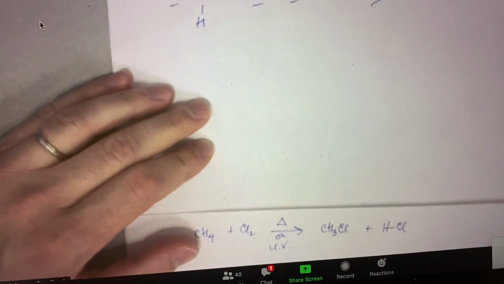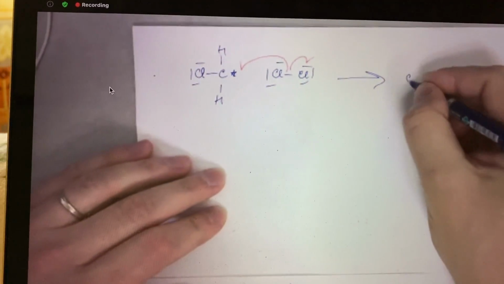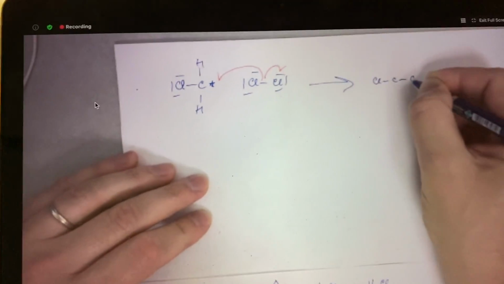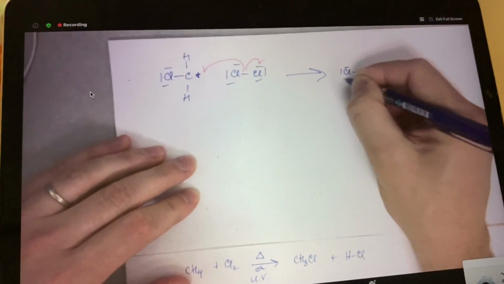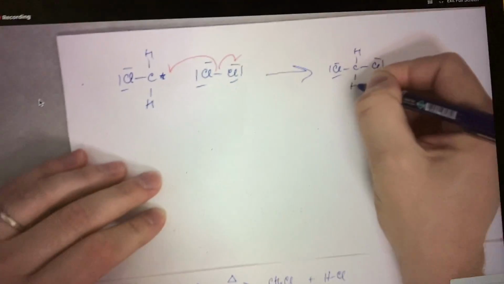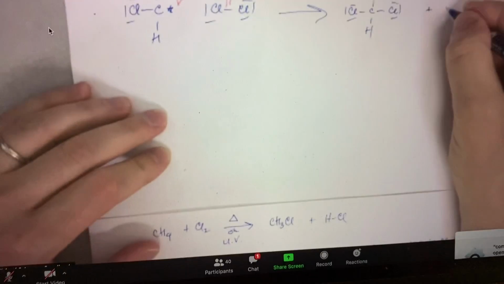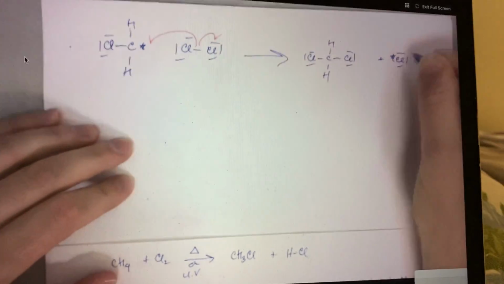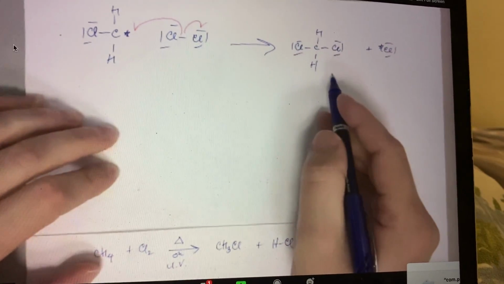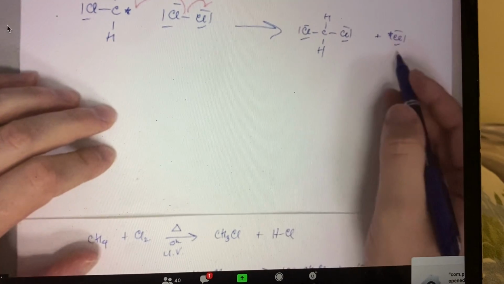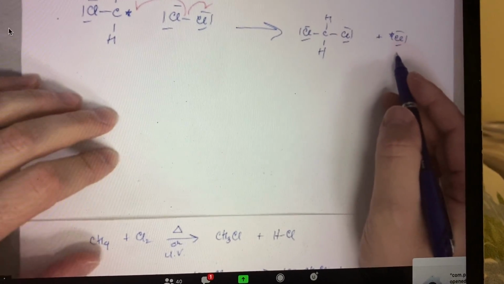It finds chlorine, that's the best choice for it, and the result of this particular reaction is that we make dichloromethane, and we regenerate a chlorine radical.